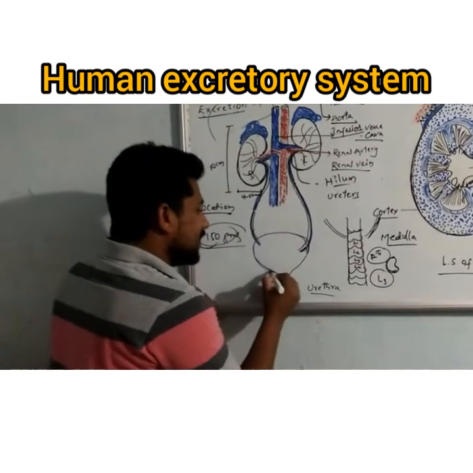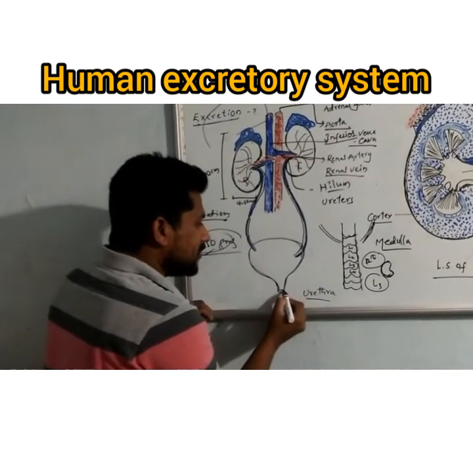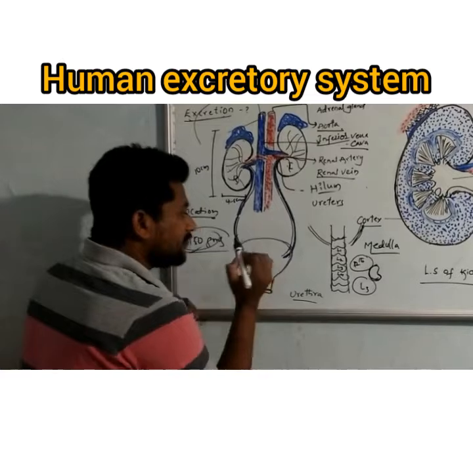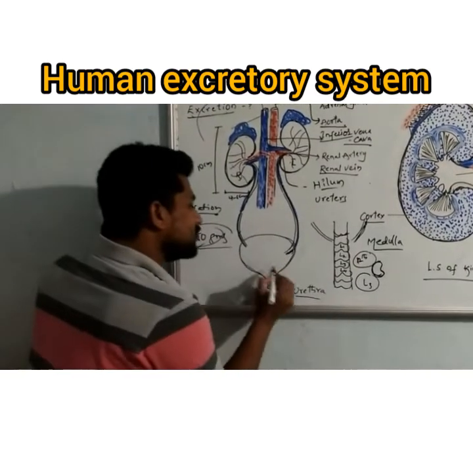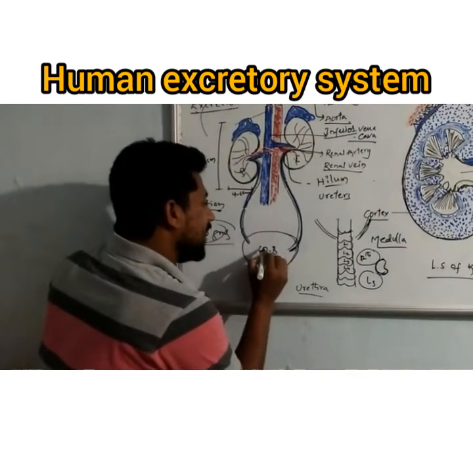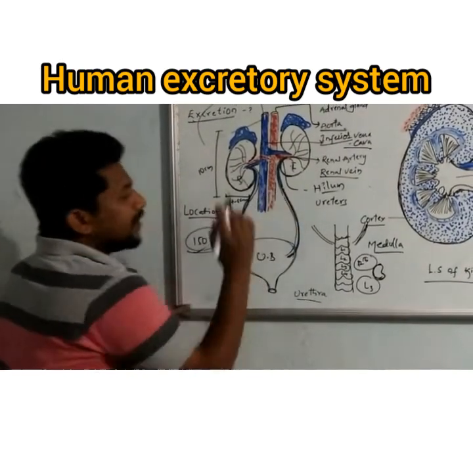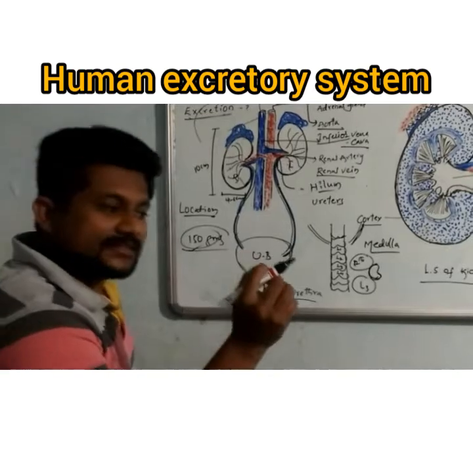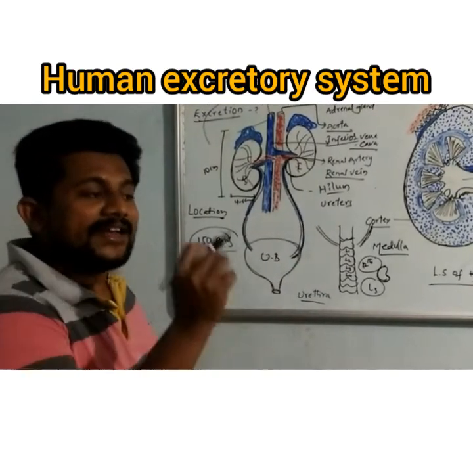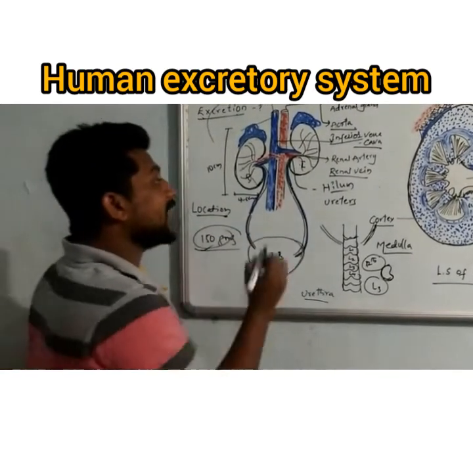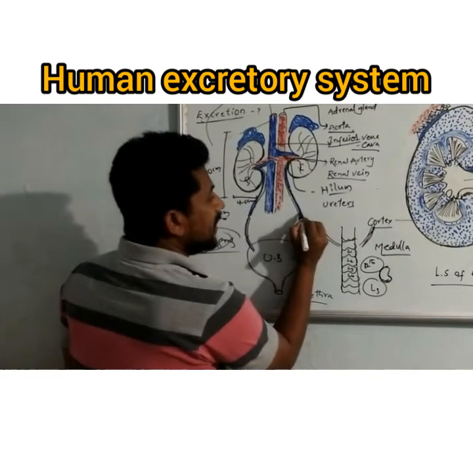This is a distensible structure and a reservoir for urine, known as the urinary bladder. These two ureters are thin and internally lined by transitional epithelium.